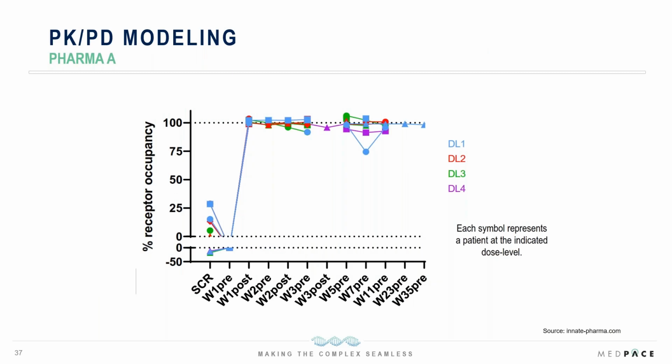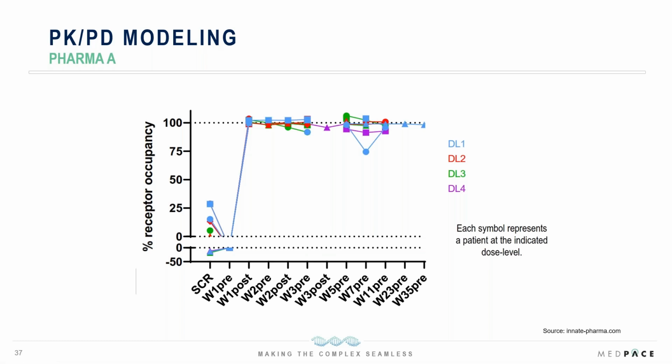Here we see data from one of our sponsors where we have measured the receptor occupancy, and then they have analyzed it through the course of the treatment. We can see initially at screening that we have variation in the different subjects.